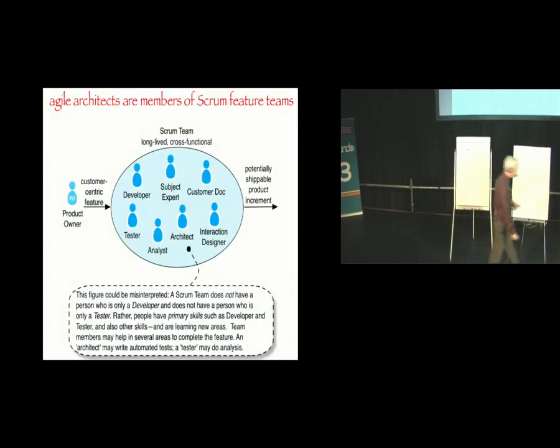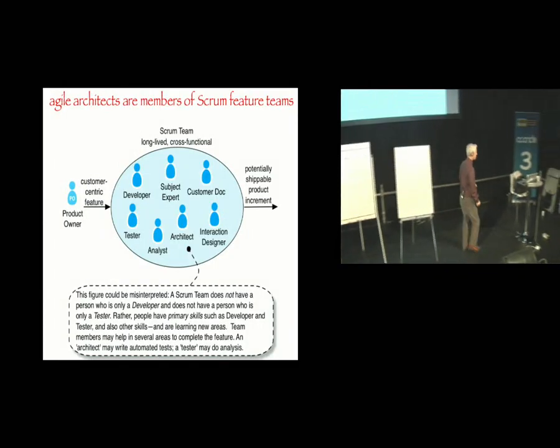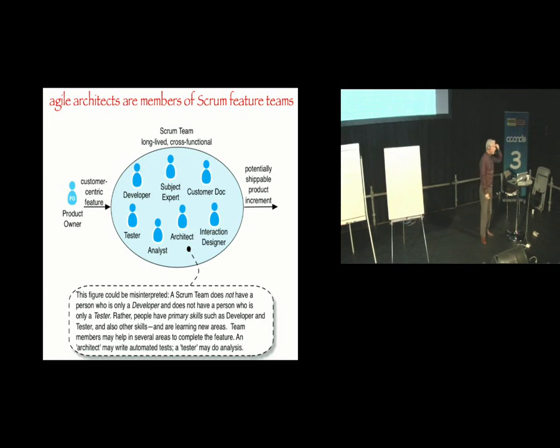And I stress this point that I've just said, that Agile architects are members of Scrum teams, because it's very common when I'm involved in Scrum adoptions that every specialized group, when they hear about cross-functional teams, will say, well, yeah, that applies to them, but not to me.